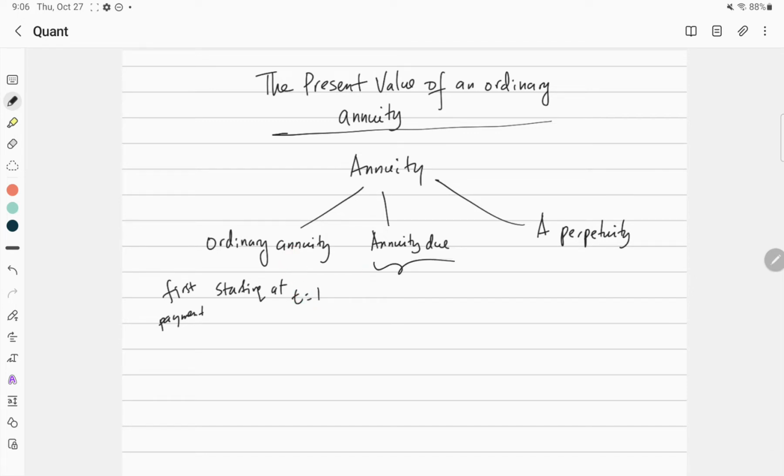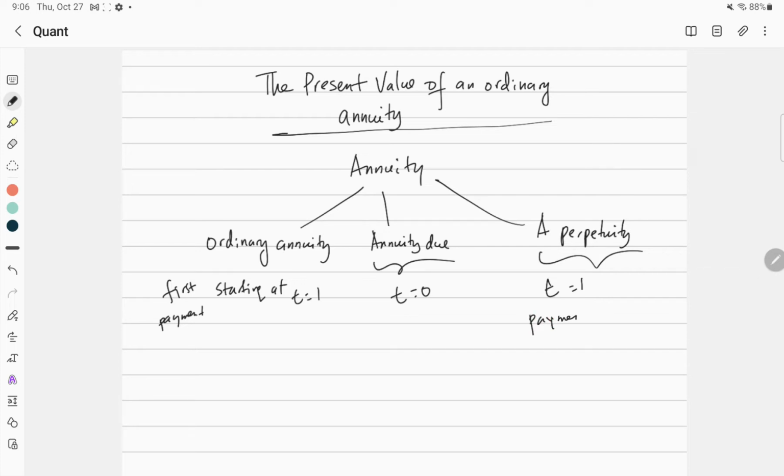Annuity due, on the other hand, has the first payment occurring at time t equals 0, which is today. And a perpetuity has the first cash flow occurring at t equals 1, but the future payments will go on forever.